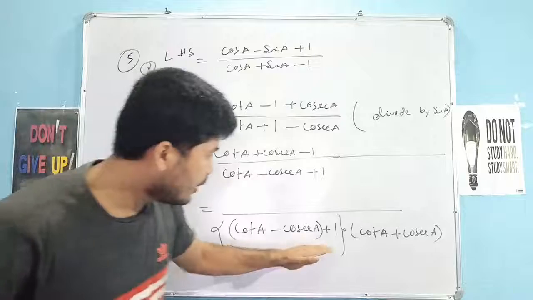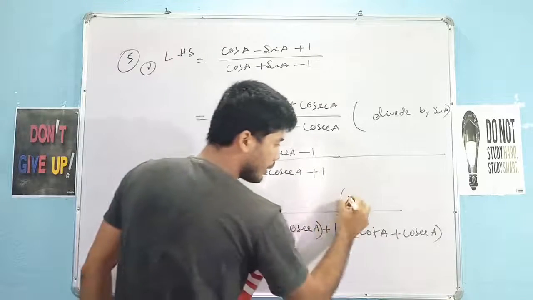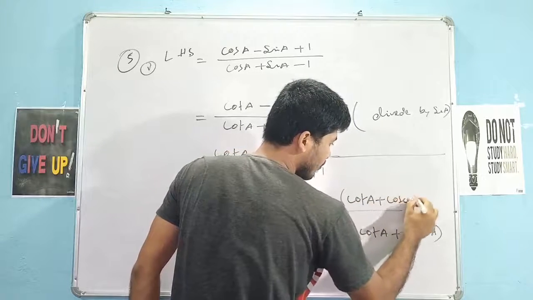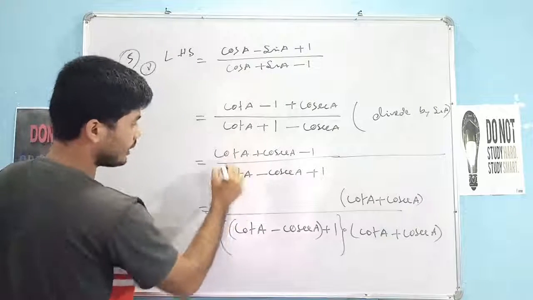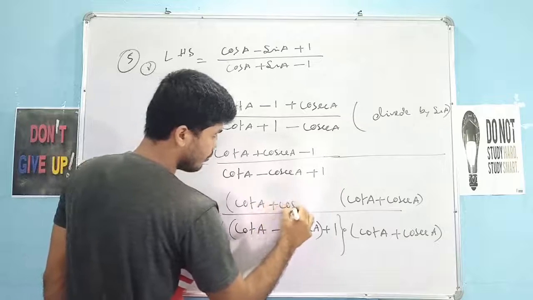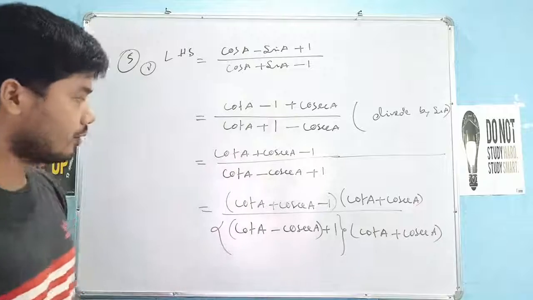A minus b, therefore we multiply it by a plus b. So we must multiply the numerator by cot a plus cosec a too. So what is already in the numerator: cot a plus cosec a minus 1. Awesome, guys.